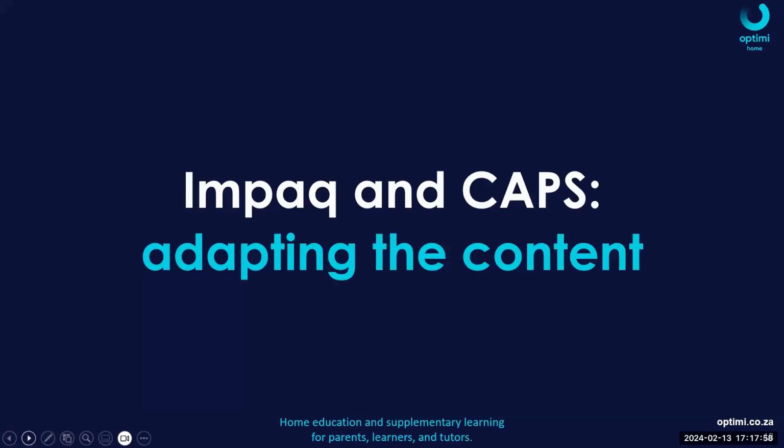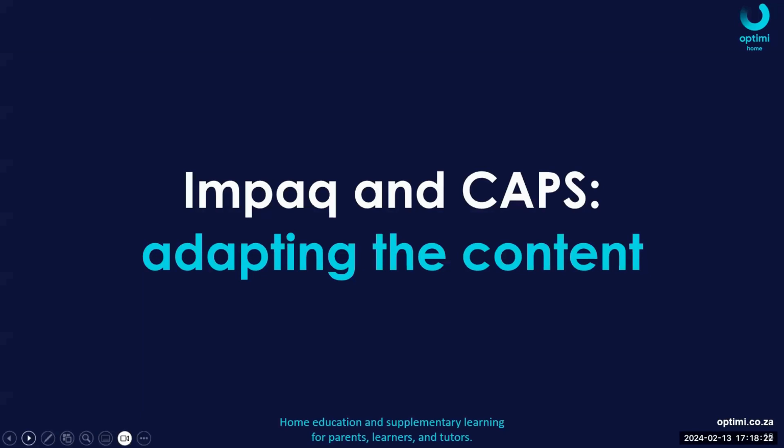Impaq does not offer an ALSEN curriculum. It is not a special needs curriculum. Impaq's products and services are CAPS aligned. Therefore, we are in line with what the minimum requirements are for the national curriculum. So this is also for those parents well versed in the Schools Act or even the Policy on Home Education.